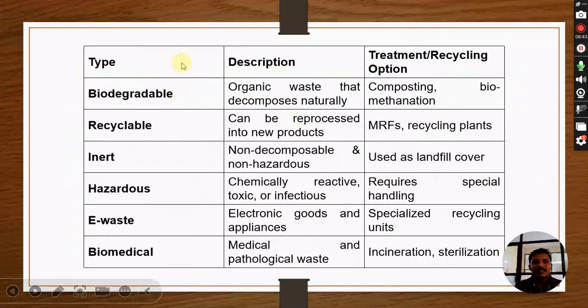These are the different categories of waste, with their description and suitable treatment or recycling options.